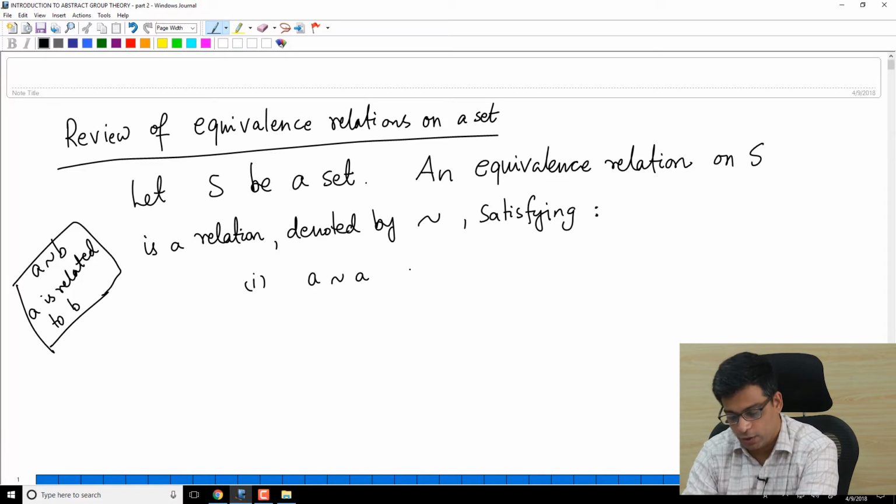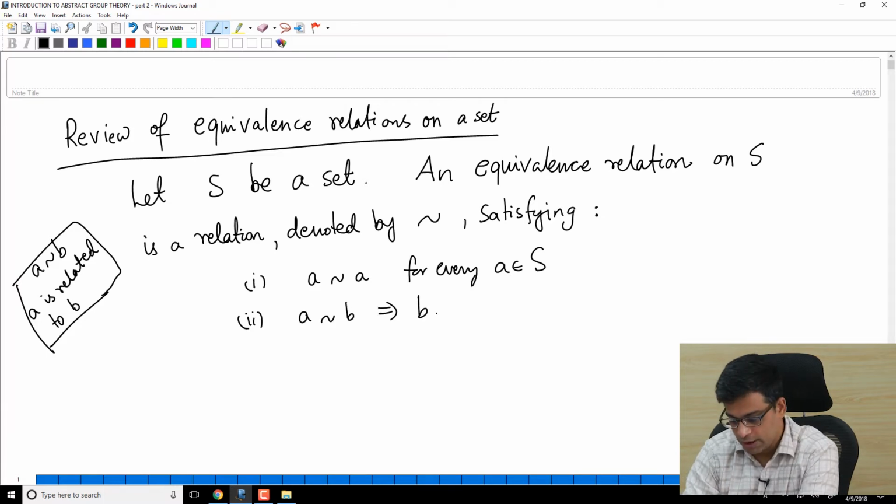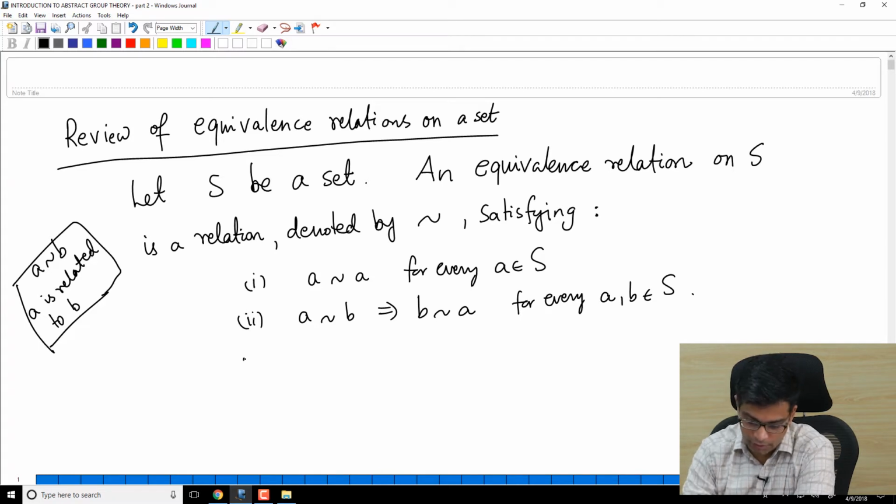A must be related to A for every element of S. Okay, so an element must be related to itself. If A is related to B, then B is related to A. This is true for every A, B in S. The third property is called the transitive property.